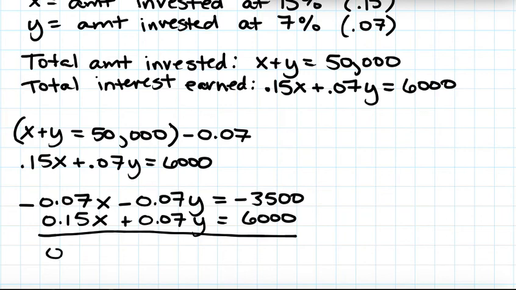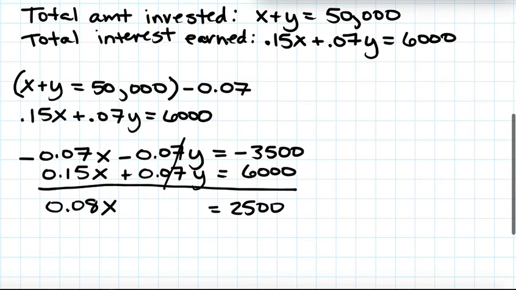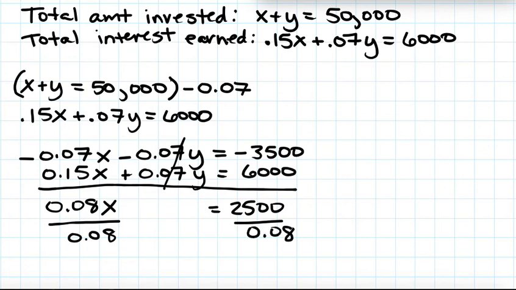So this is going to give me 0.08x, y's cancel out. 6,000 minus 3,500 is 2,500. And then my last step is to divide on both sides. Again, I expect a positive number for my answer. It wouldn't make sense to have a negative amount of money invested. And so the answer I get here is 31,250.